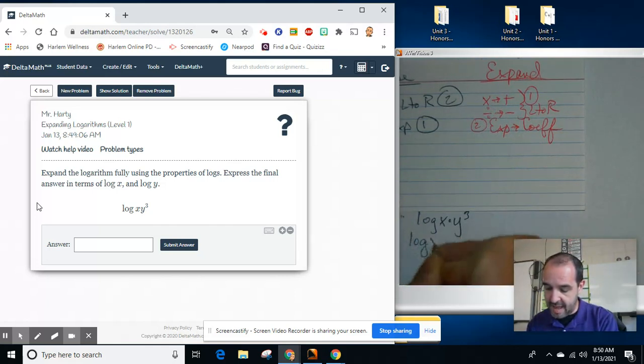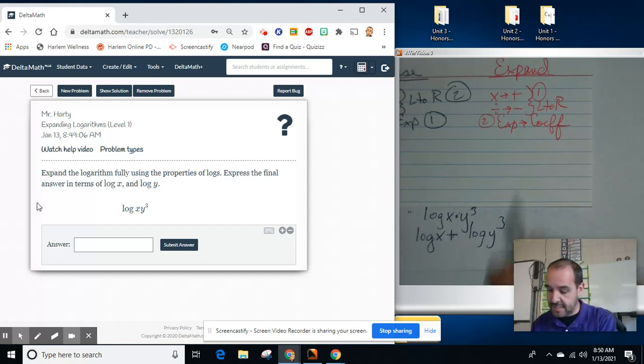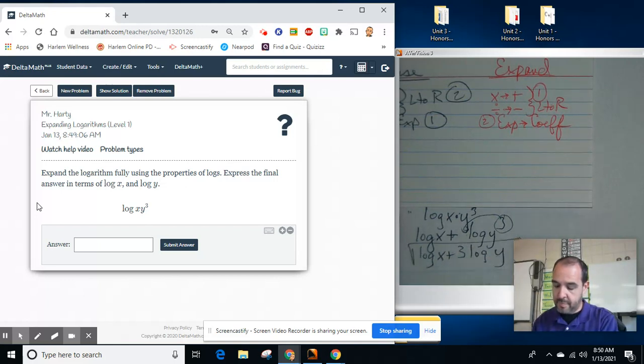So log x plus, the times becomes add, log y to the third. Every term gets a log now. We're expanding, we're stretching this out. And so now my last thing is, do I see any exponents? If I do, they become coefficients on that term. 3 log y. Okay?